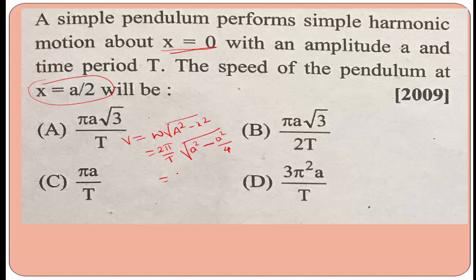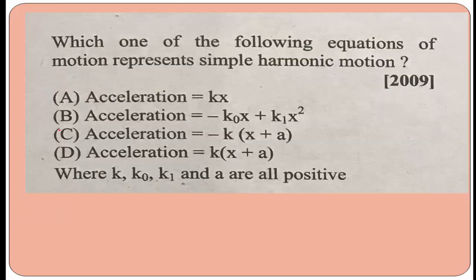We get the answer v is equal to pi A into root of 3 divided by T. Option A is the right answer.